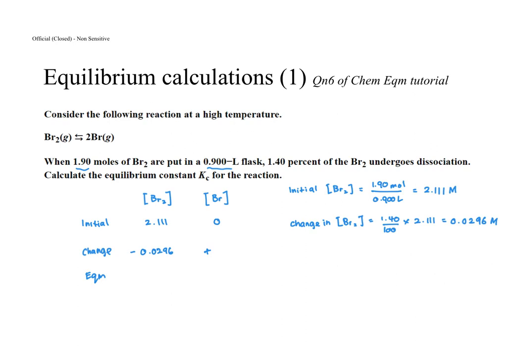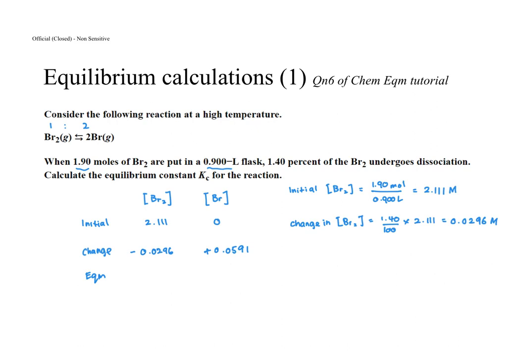The stoichiometric ratio of Br2 to Br is 1:2. So the change in the concentration of Br will be 2 times 0.0296, but with a positive sign because it is increasing. So it will increase by 0.0591.